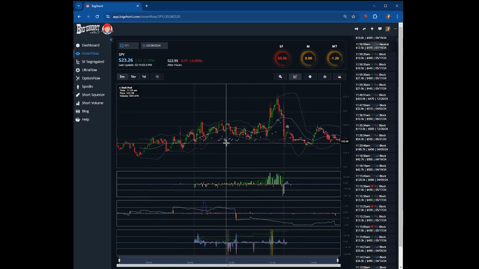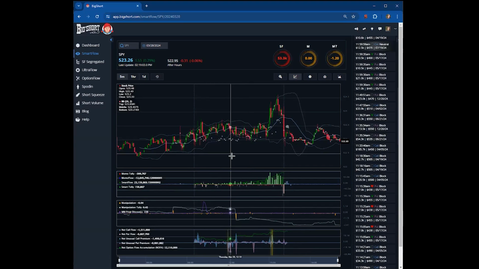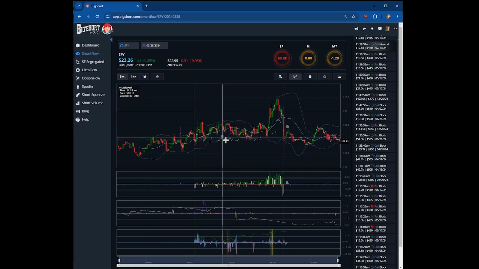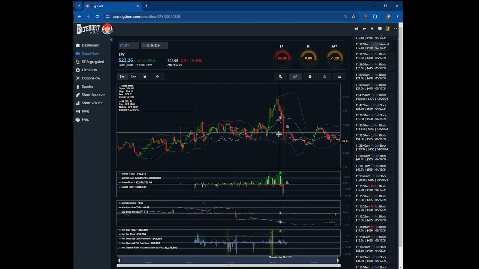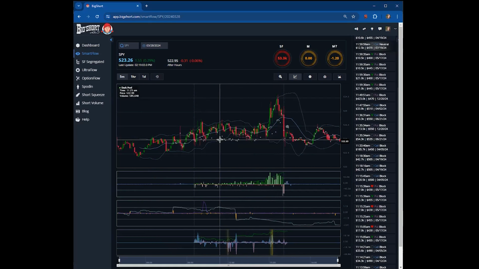So if you see one above or below, there's really just no way to know if it happened today or a previous day, I guess. Maybe Tay can clarify this, but I believe that they're from today. It's just the delay of a dark pool print can be as long as, what, 15 minutes, Tay?